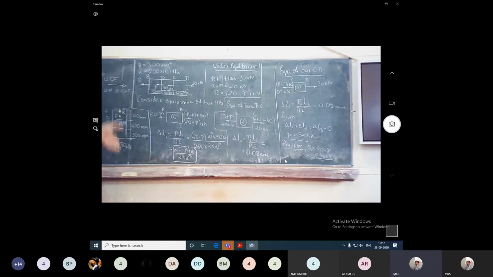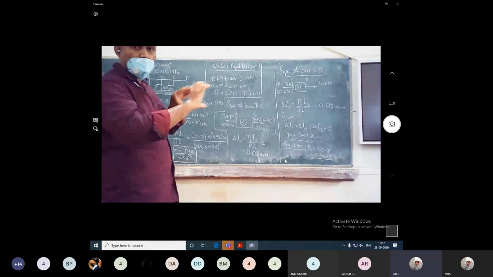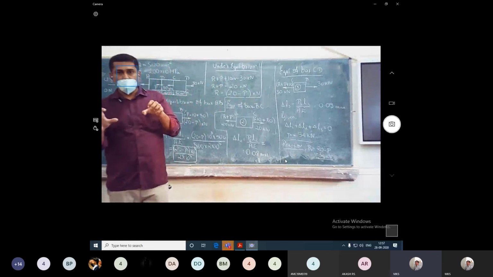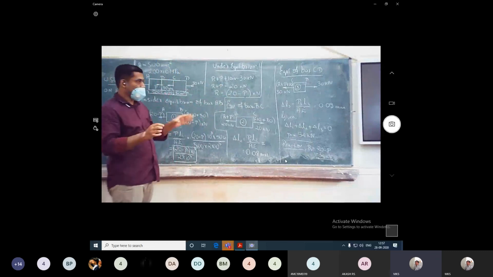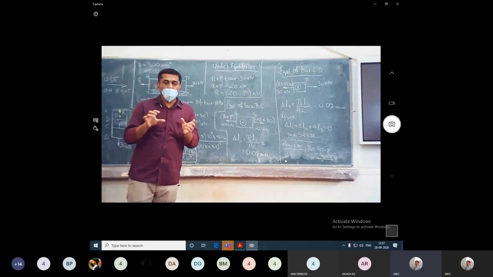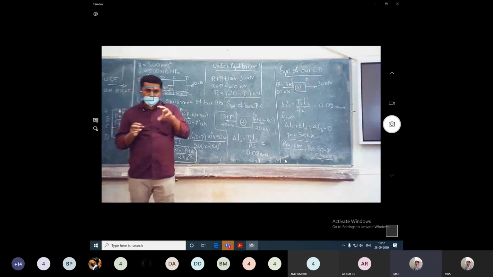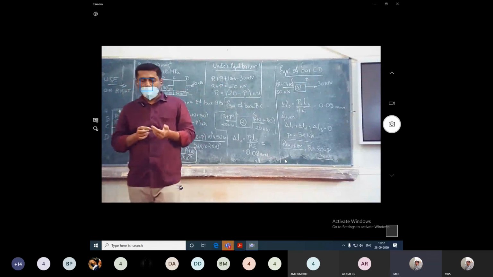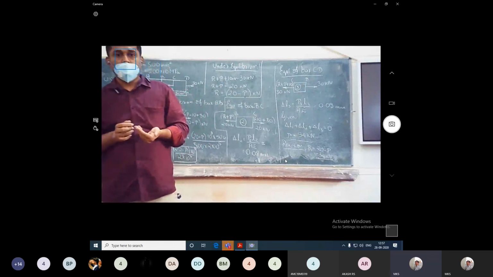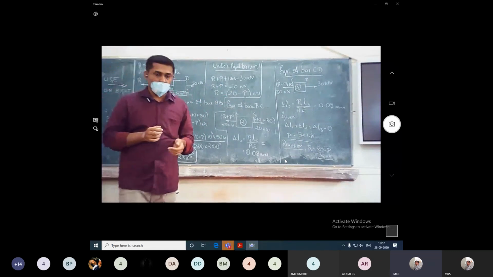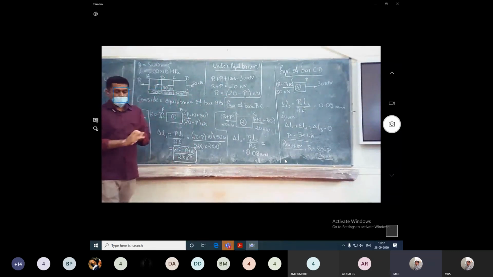Till now we have studied a bar with uniform cross section and stepped bar. But for a single bar, if it is tapered or trapezoidal in nature, then the deformation equation changes. We have a derivation for that, which we'll do in the next class.